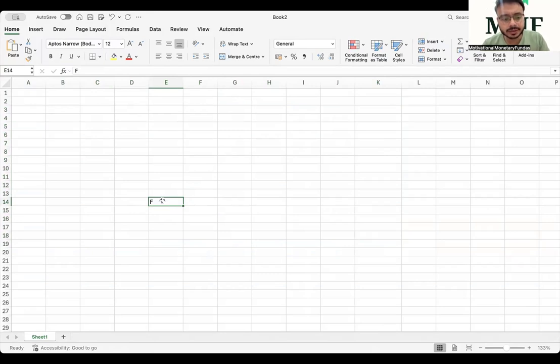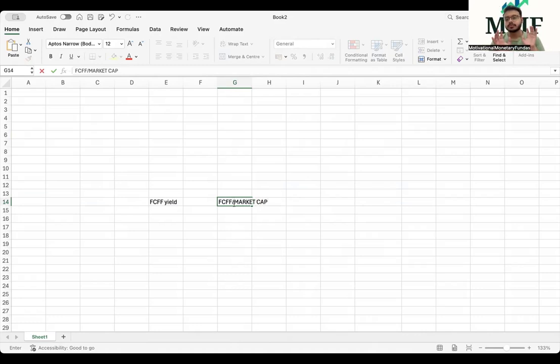Free cash flow yield, FCFF, okay, is nothing but levered free cash flow divided by the company's market cap. I'm taking into account not the free cash flow per share, total free cash flow.